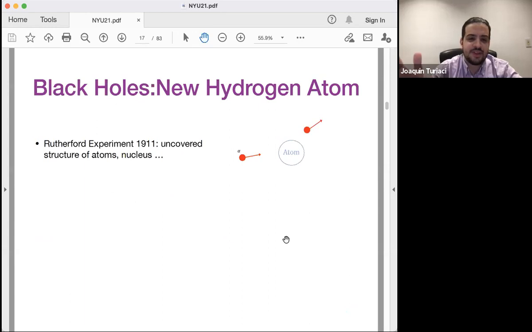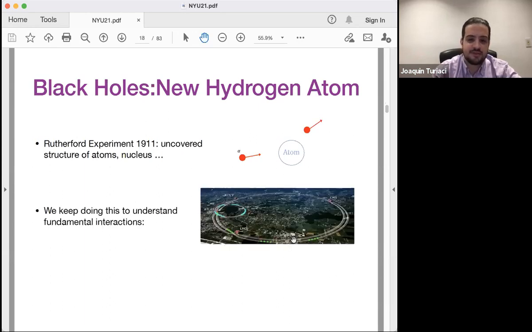Okay, so roughly the idea is that, like we can do with the hydrogen atom, we want to throw things at the black hole and see how they behave. With the hydrogen atom, we throw particles and see how they scatter, and infer from there the structure and interactions. We keep doing this, for example, at the LHC to understand fundamental interactions.